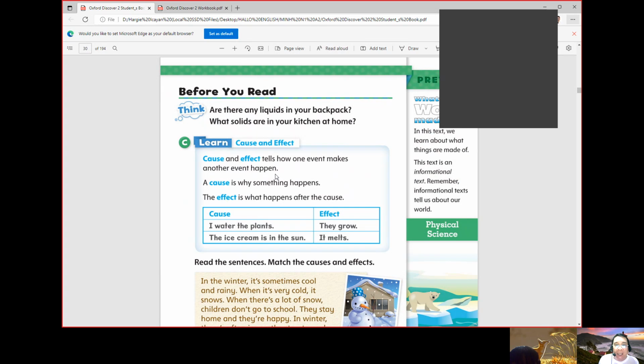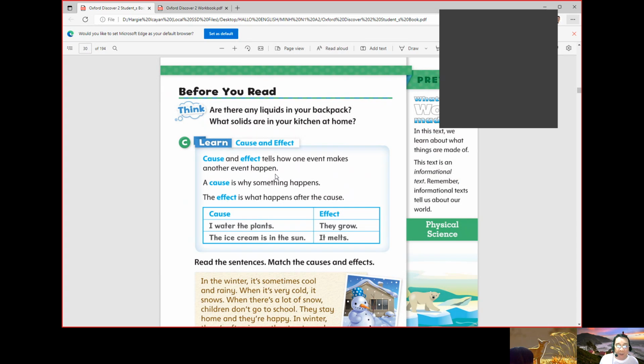Let's say for example, if you study your lesson, what would be the effect? You can get a high grade if you study your lesson most of the time, right, Min? Yes. Okay, another example of cause and effect.